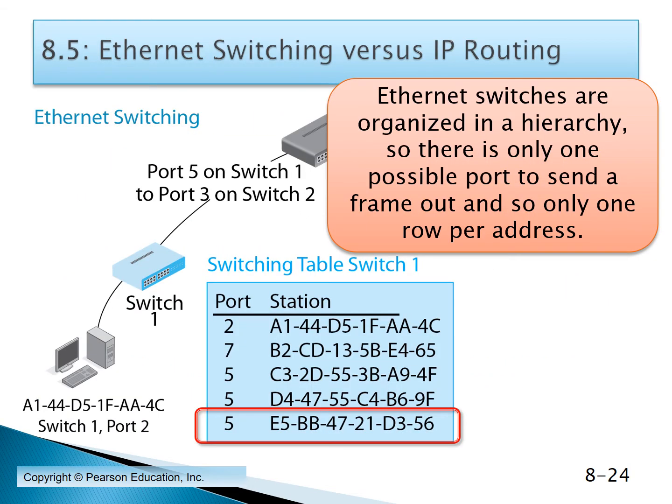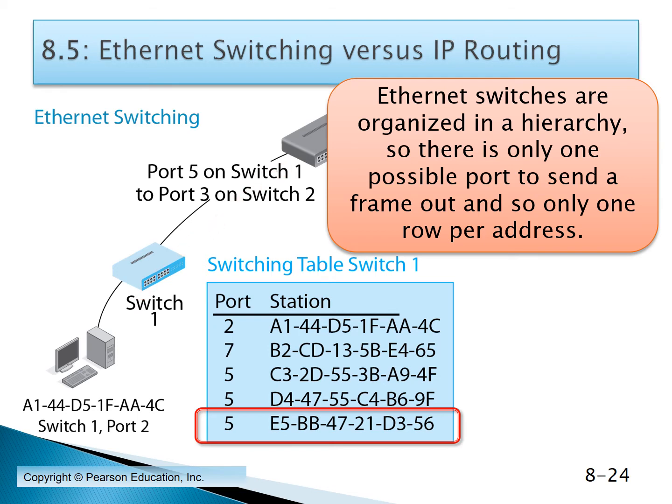Remember, in Ethernet we have switching. Ethernet switches are organized in a hierarchy, so there's only one possible port to send a frame out, only one row per address. They are in a hierarchy like this: you have a top switch here, and this one is lower level, so you can only go up to different levels of switches like this.